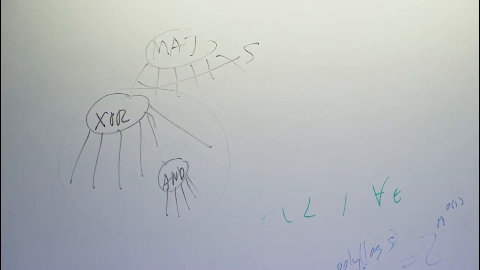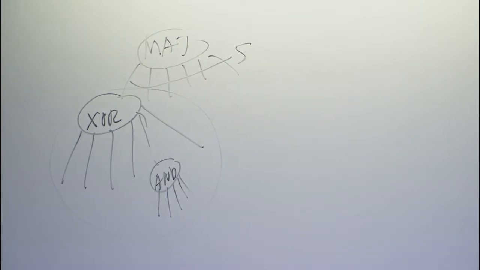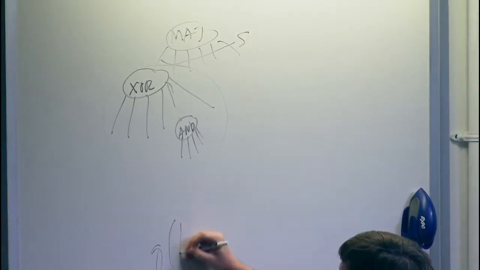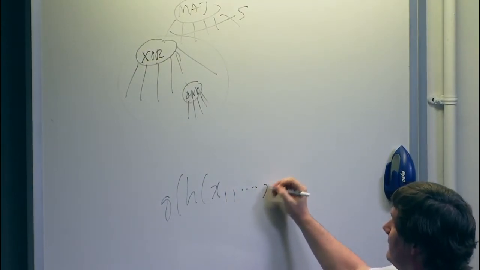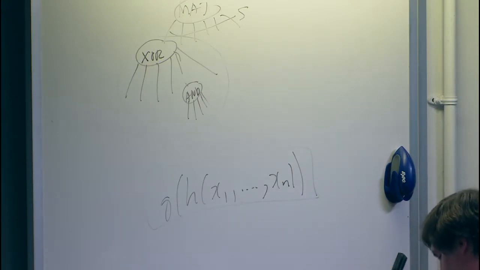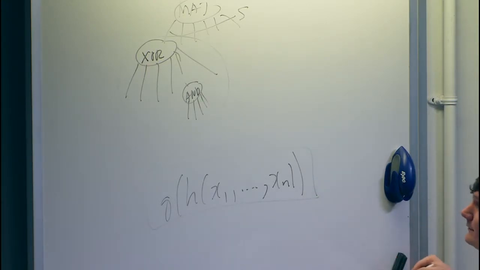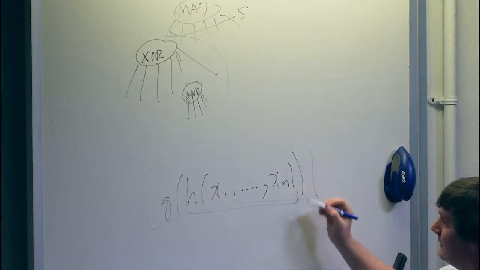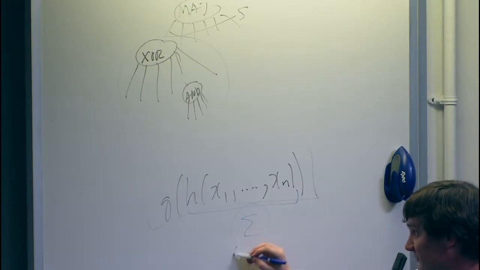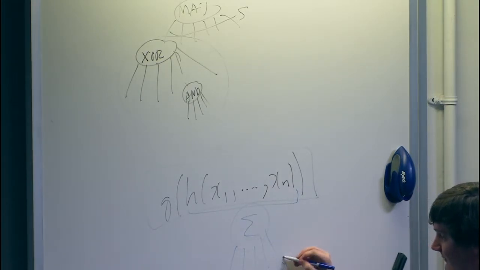Okay, so we're not quite there yet, because what we said was that you get this G of H's. But a key observation here is that this G of H thing can be seen as a circuit too. This thing is a multilinear polynomial, so we can think of it as a summation over the integers of AND gates.